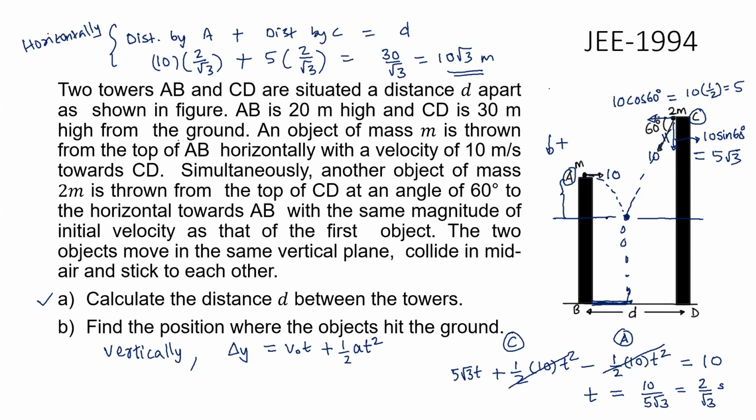Now that distance is nothing but the distance traveled by A till the time of collision. You understand? That is the distance traveled by A. Okay. So the answer should be, where do they really hit? From B, they hit at a distance of 20 by root 3.